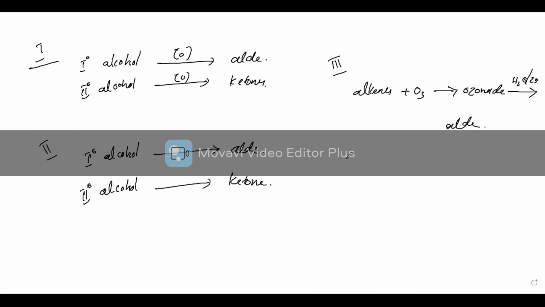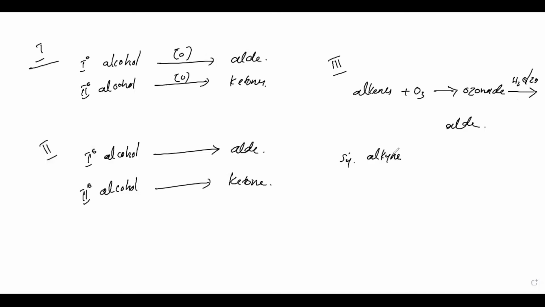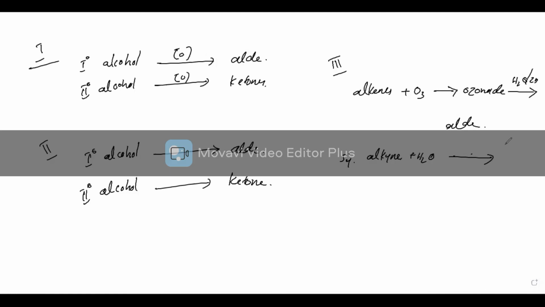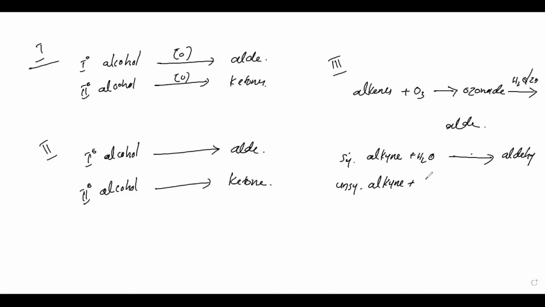And when the symmetrical alkyne is treated with water in the presence of concentrated H2SO4 and mercuric sulfate, we get aldehyde. And when unsymmetric alkyne is treated with water, we get ketone.